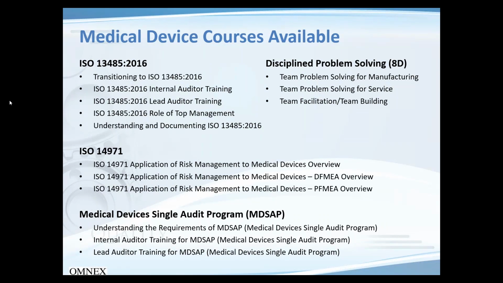Will the number of audit days go up or down? There are some adjustments, and MDSAP allows them. They are available in the published documentation, and we have to take a look into it. It depends on your product, whether you are design responsible or not, or whether your product goes through sterilization. Those things will determine the number of audit days.